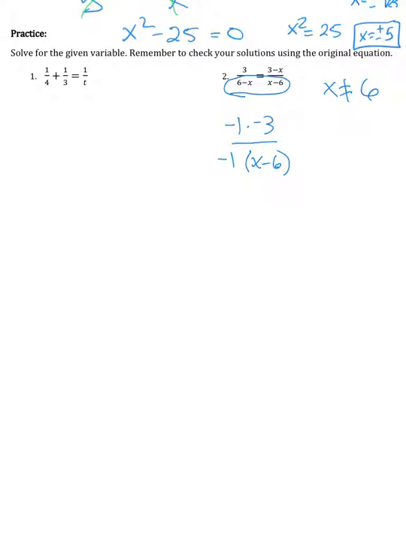And if I want to break this up, the only way to get a positive 3 was if I had -1 times -3. So this is equal to 3 minus x, still over x minus 6. Our -1s will cancel, and I have -3 over x minus 6 equals 3 minus x over x minus 6.